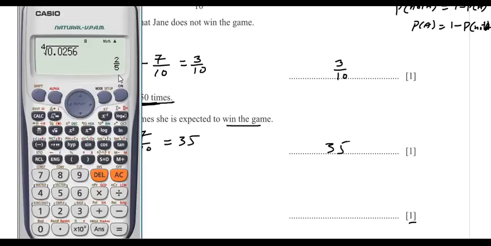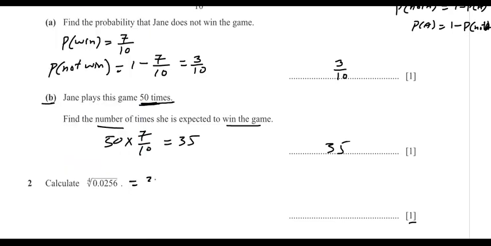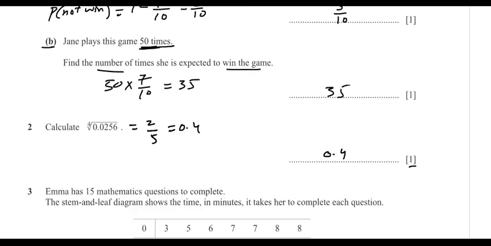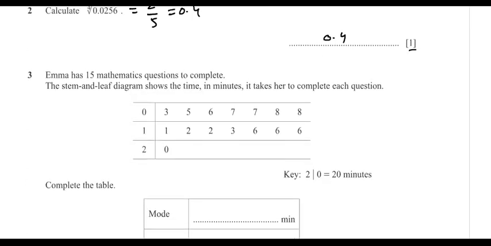So it is 2/5, or if you want to write it in decimal, it will be 0.4. So write here 2/5, and that is equal to 0.4. So a very simple question where you just have to show your calculator work.